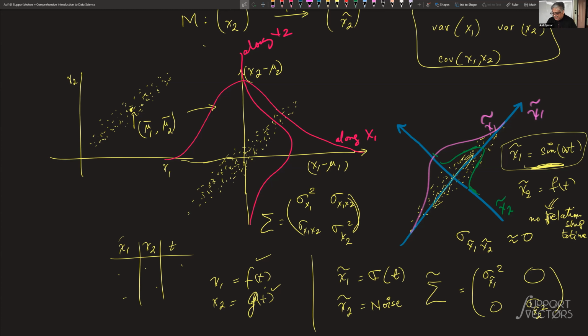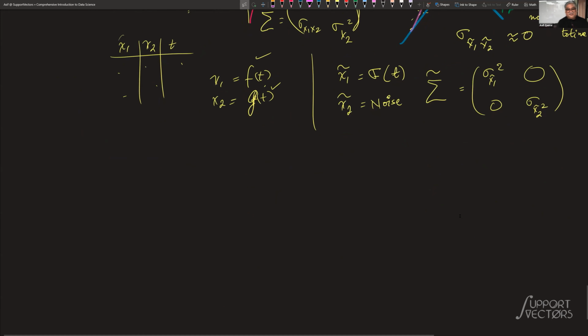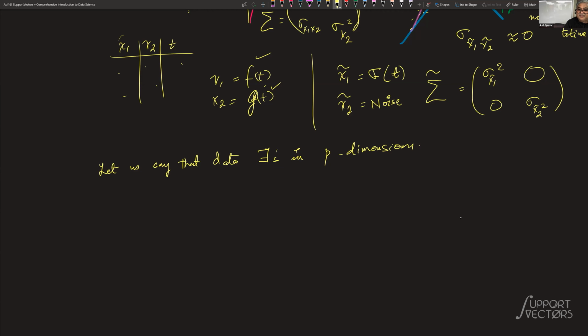Let's say that the data exists in p dimensions. In other words, your feature space is p-dimensional. What we are basically saying is that the real signal part of the data, the real crux of the data, lives in a lower dimension.